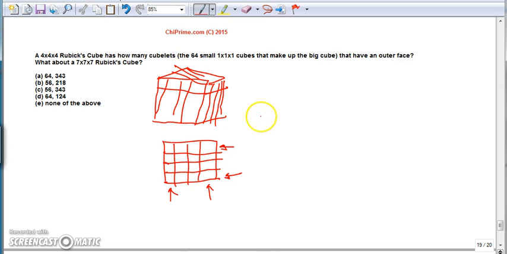So that would be for a 4 by 4 by 4 cube. From this picture, it should be clear. Think about it a little more if the drawing is not as clear. There's a 2 by 2 by 2 cube that has no outer faces.